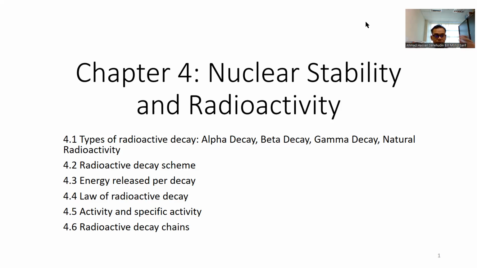For the beginning, 4.1, the types of radioactive decay, we are going to see alpha decay, beta and gamma decay, and the natural radioactivity, which is done in a separate video.